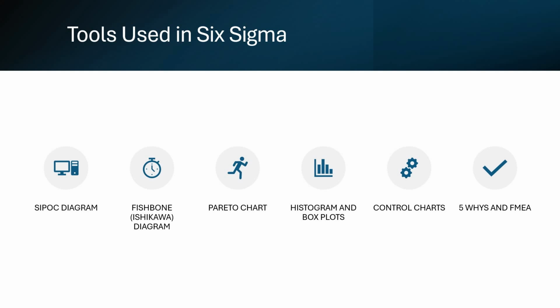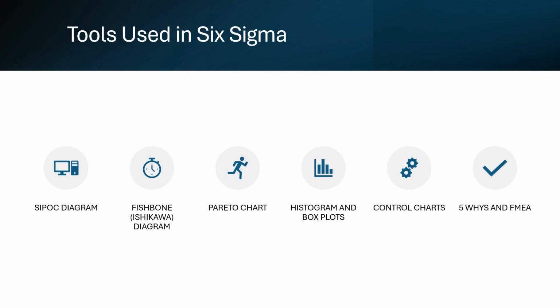It is time for us to understand the tools used in Six Sigma. One is the SIPOC diagram, which stands for suppliers, inputs, process, outputs, and customer. It is a high-level process mapping tool used during the define phase of DMAIC.